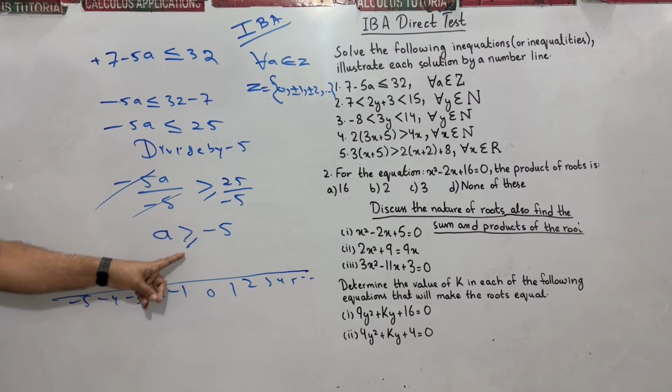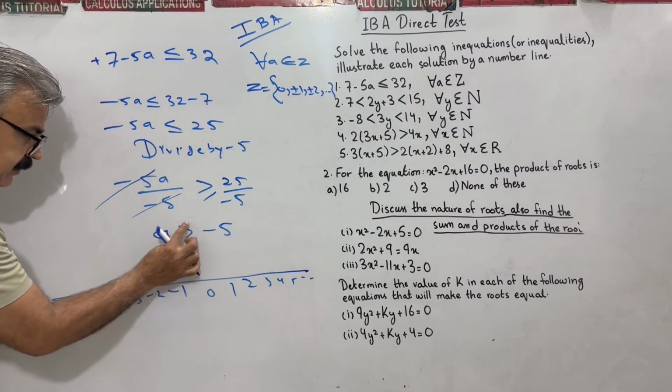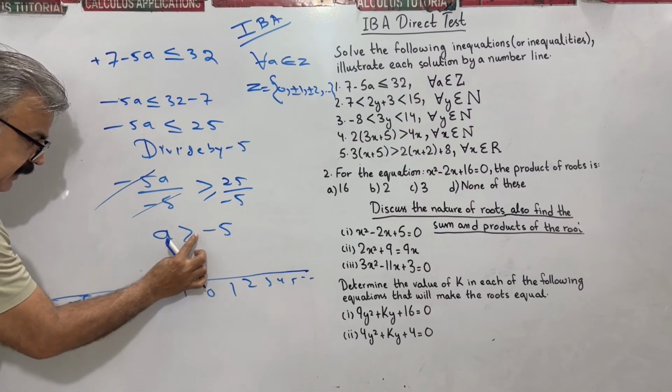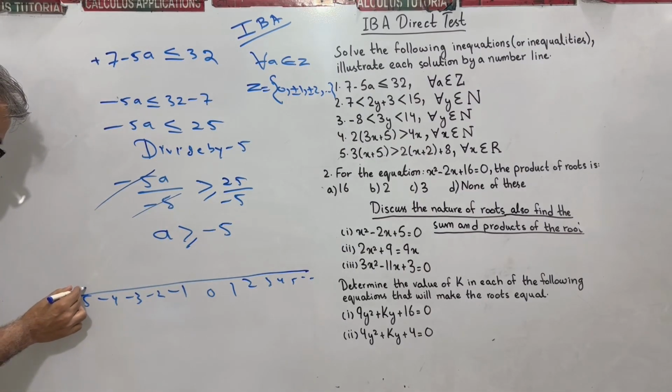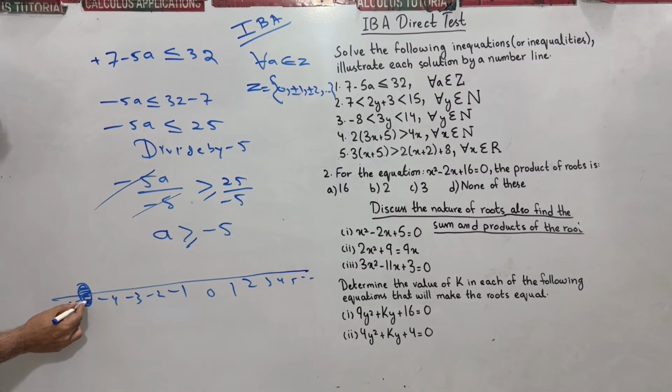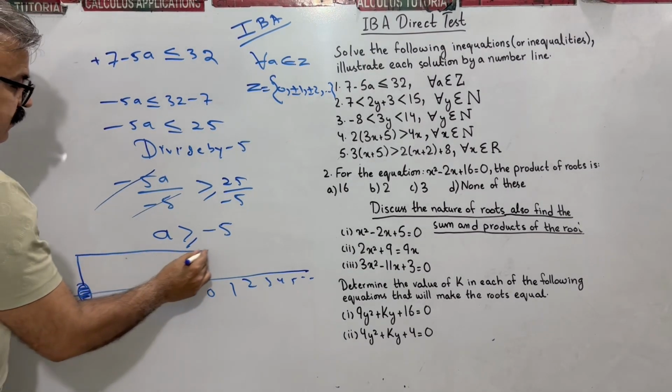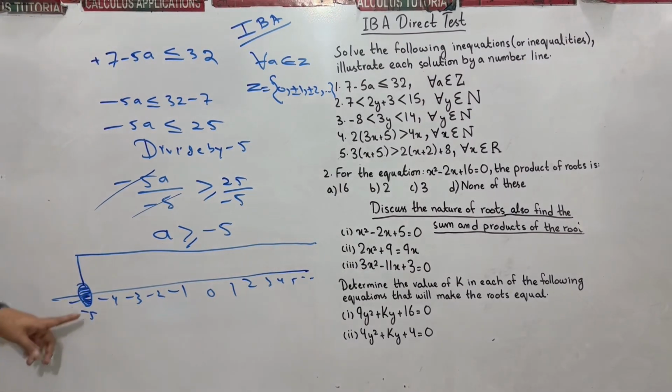A is greater than or equal to minus 5, which means minus 5 is included. I have shaded this one. Greater than means towards the right-hand side. All these are integers.